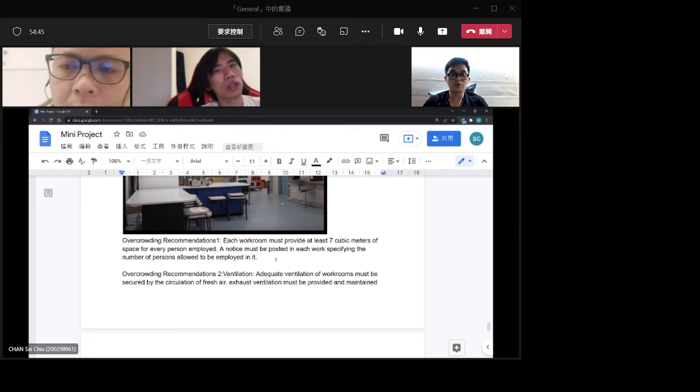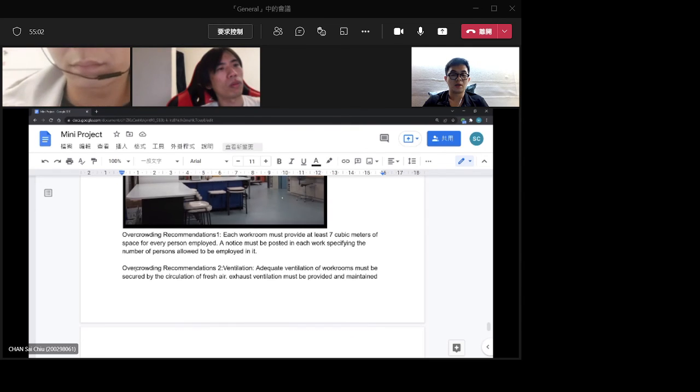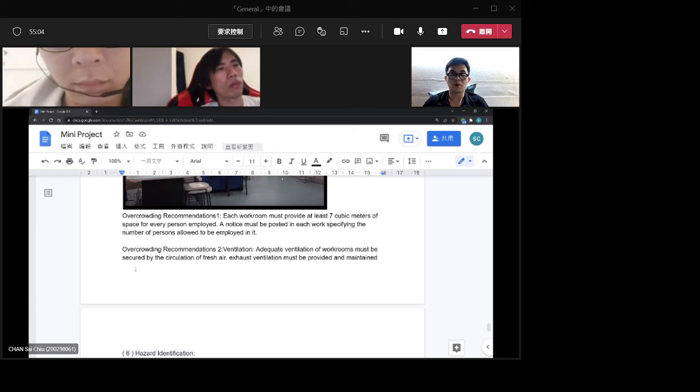Overcrowding. Recommendation 1. Each workroom must provide at least 7 cubic meters of space for every employee. A notice must be posted in each workroom specifying the number of persons employed in it.